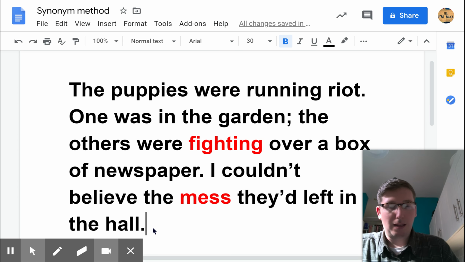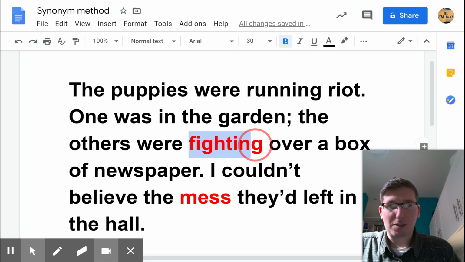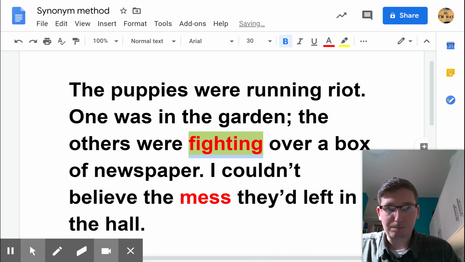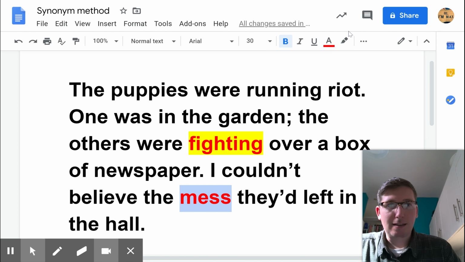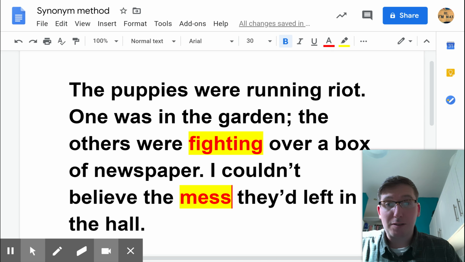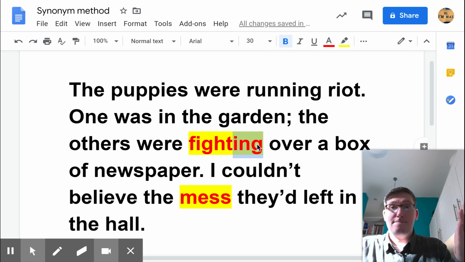All right, so I've highlighted them, so it's almost like I've got the highlighter in the exam room. I've highlighted it just like you would do to emphasize it. I'm not necessarily focusing on the word class at this point, but you can work out really easily what they are. Fight plus ing, so you can tell me it's a verb.